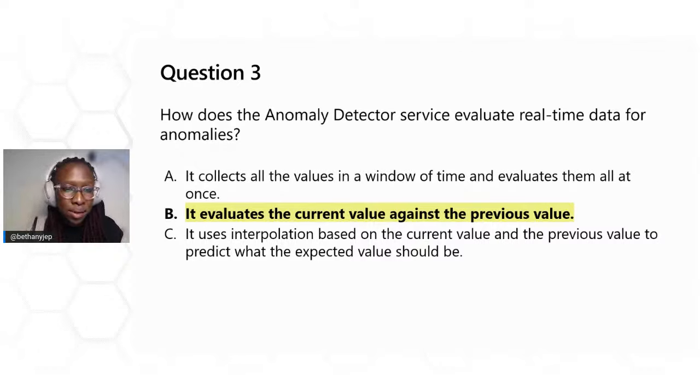So real-time data, interpolation based, we normally use it when we already have the batch data and we want to predict, okay, this is what we think the future data might be. But if you're just using real-time data, you're evaluating the current value against the previous value.